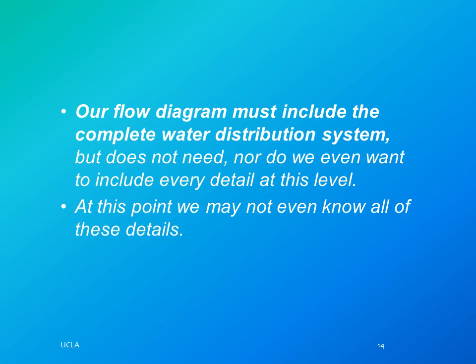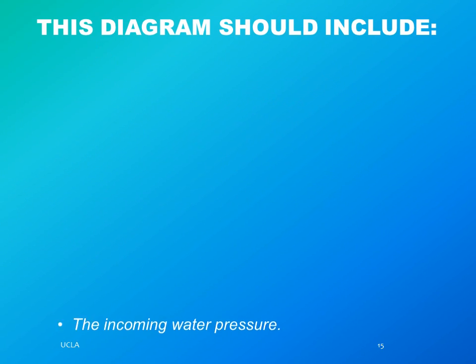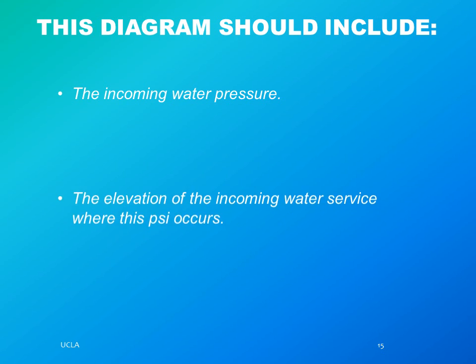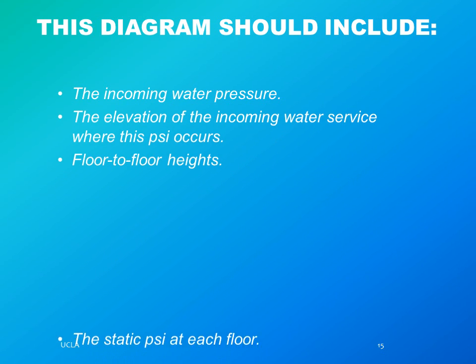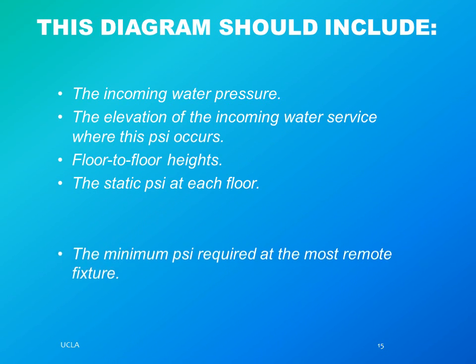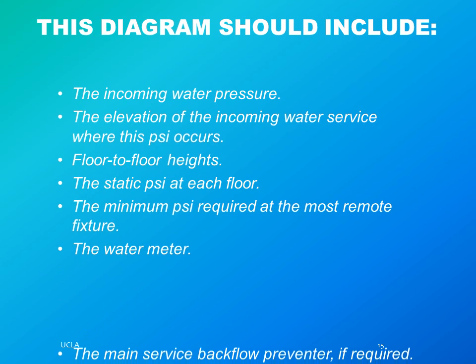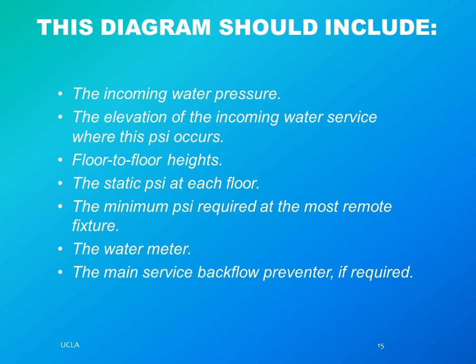At this point, we're not even going to know all the details. This is something we do early in the design, and we can enhance it as the design progresses. But this diagram should include the incoming water pressure, the elevation of the incoming water service, where that pressure was taken, the floor-to-floor heights, the static pressure at each floor, the minimum pressure required at the most remote fixture or piece of equipment, the water meter, and the main service backflow prevention devices if required.